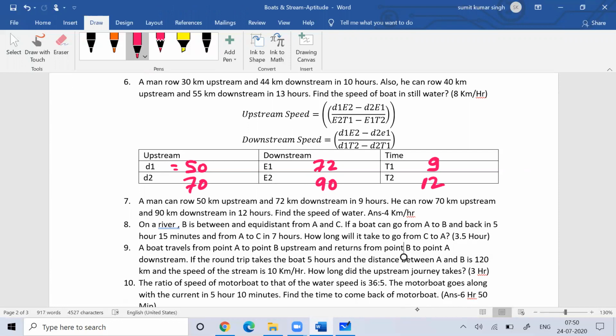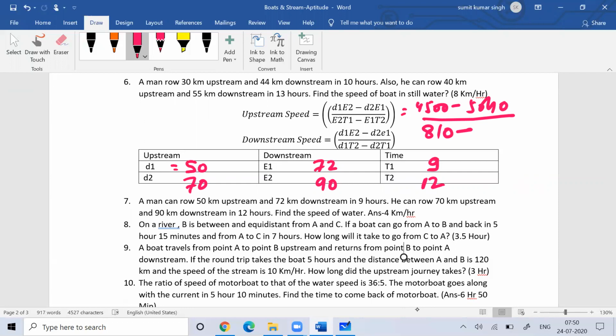So D1 E2, so this is 450 minus D2 E1. 72 sevens are 504. 504 divided by E2 T1. E2 T1 means 810 minus E1 T2.